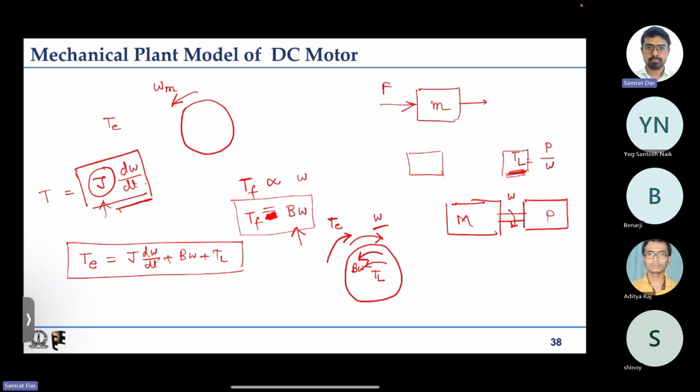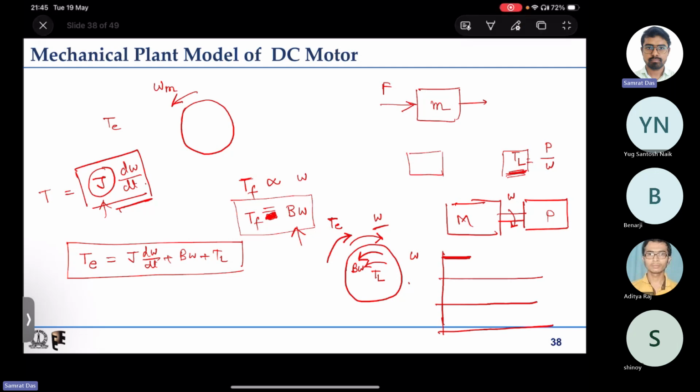So you can see in this way. Suppose the motor is rotating at a constant speed. Say these are the other quantities. Then the frictional component of torque, T friction, will also be constant, right?